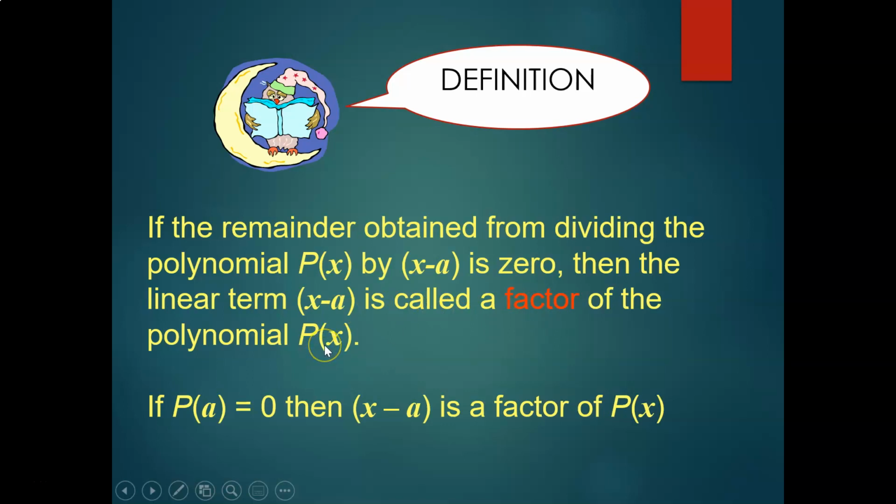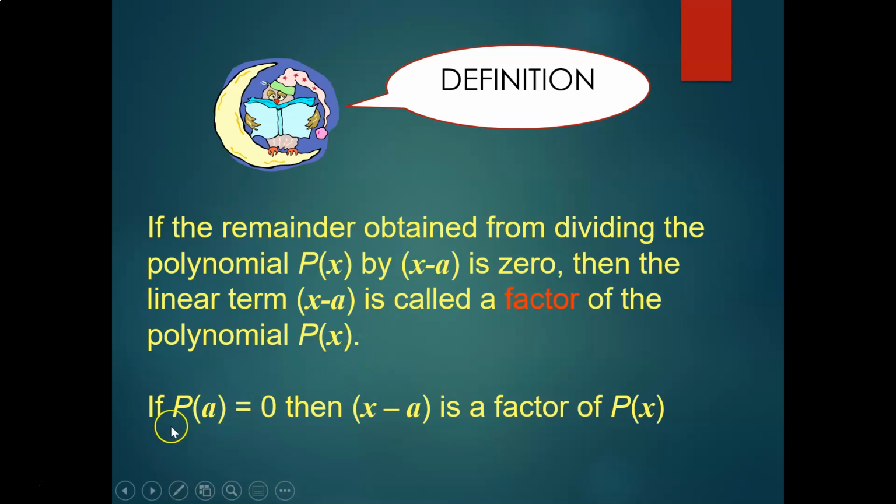Jadi, senang cerita, kalau kita ada divisor x minus a ni tadi, kita bahagi dengan polynomial tu, then you dapat dia punya remainder, hasil bahagi tu sama dengan kosong. Itu bermaksud yang x minus a tadi tu, linear term ni adalah factor kepada polynomial.